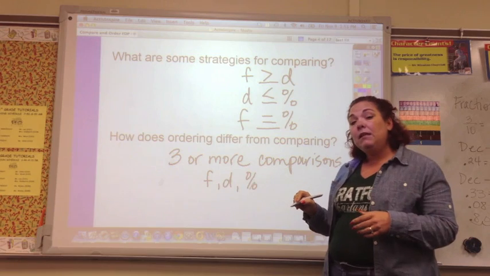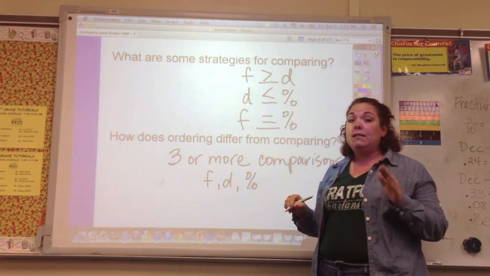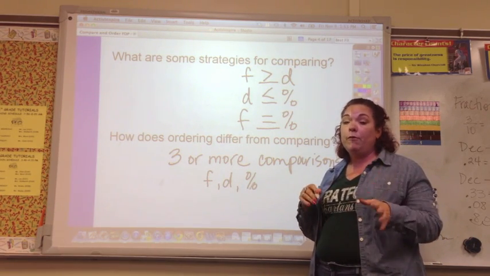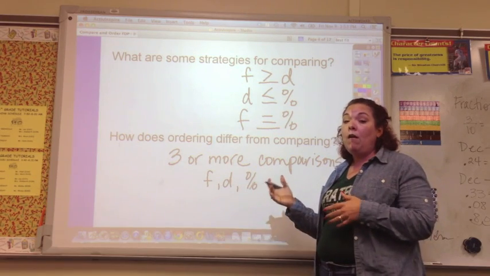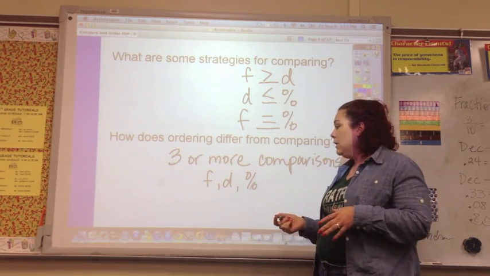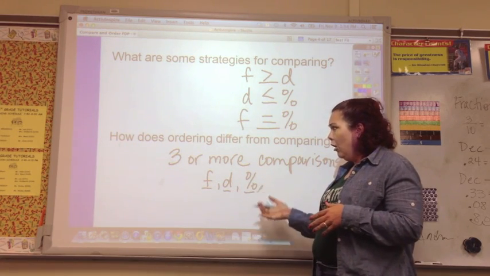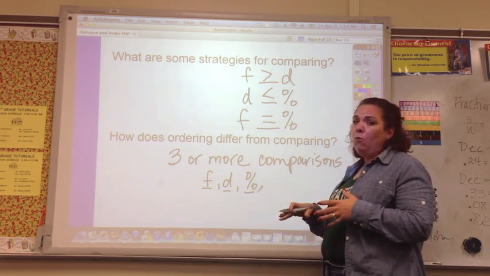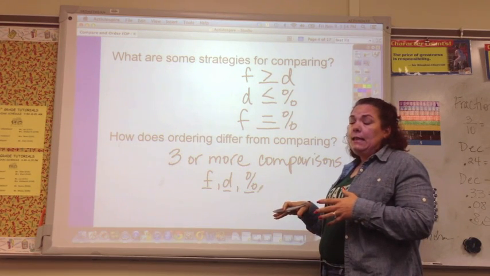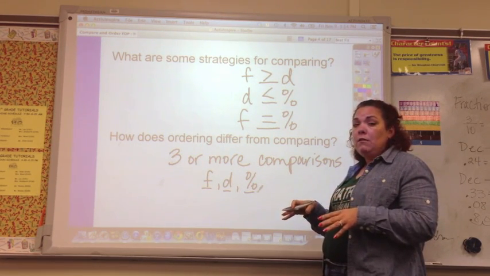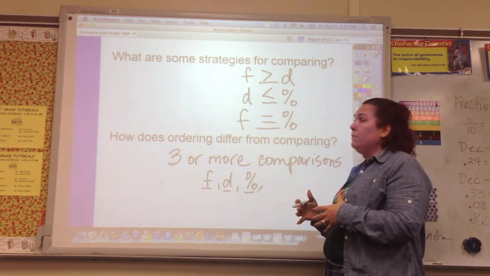And it'll say something like, put these in order from least to greatest, or put these in order from greatest to least, or looking at all of these, which one's the biggest. So you have to be able to put them all in the same format and then compare them or order them.